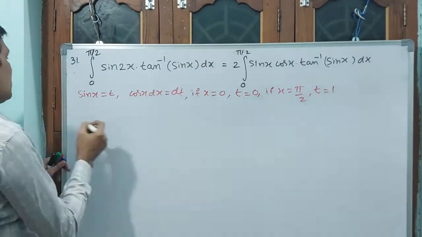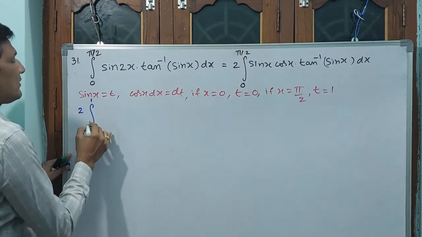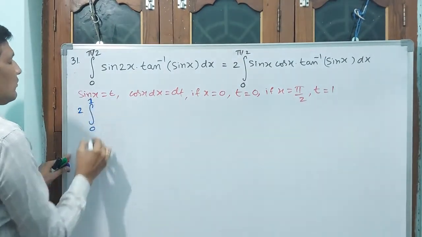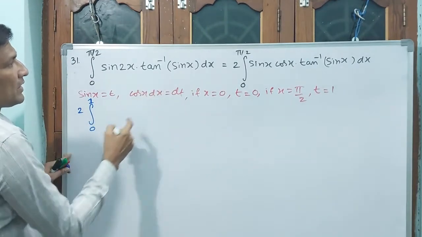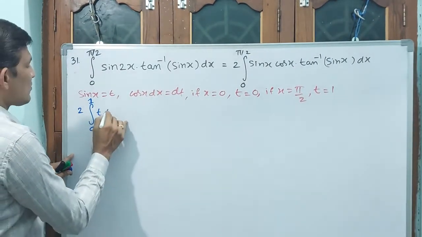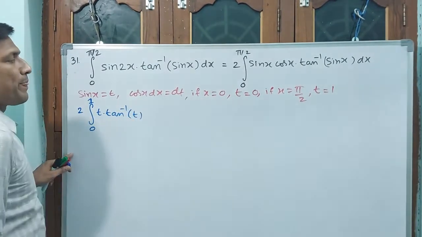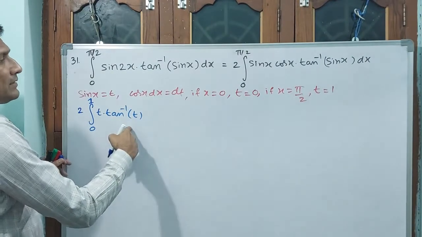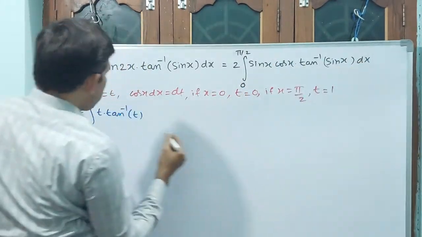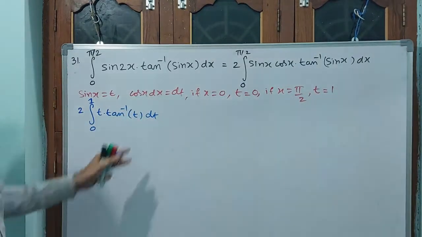Proceed further: integral 0 to 1, 2 times, t, tan inverse of t, dt. Now it has become like this.